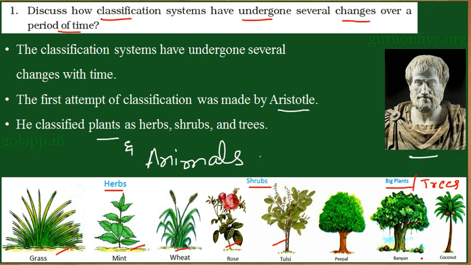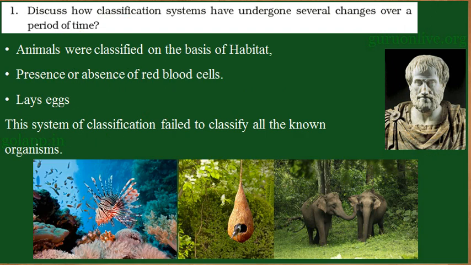And the last category, where the plants grow very tall and have a wooden trunk, were called trees. So based on these categories, Aristotle grouped plants into herbs, shrubs and trees. Similarly, animals were also classified based on several characters.